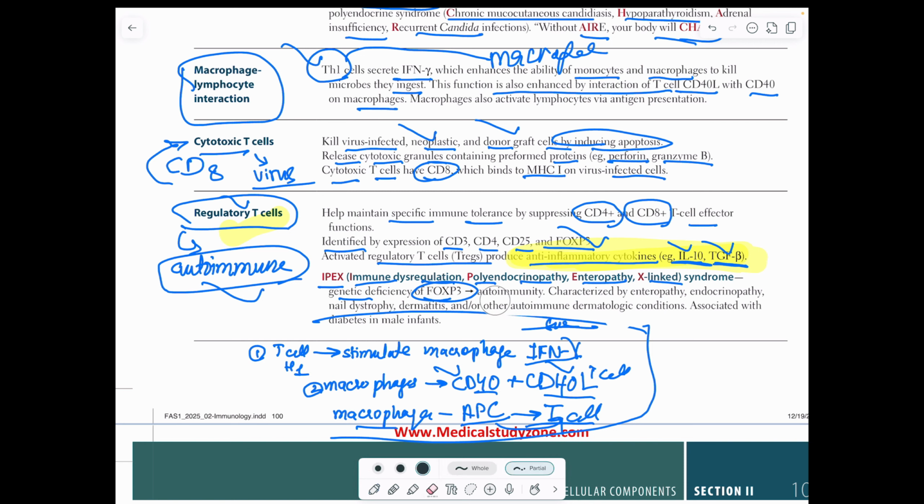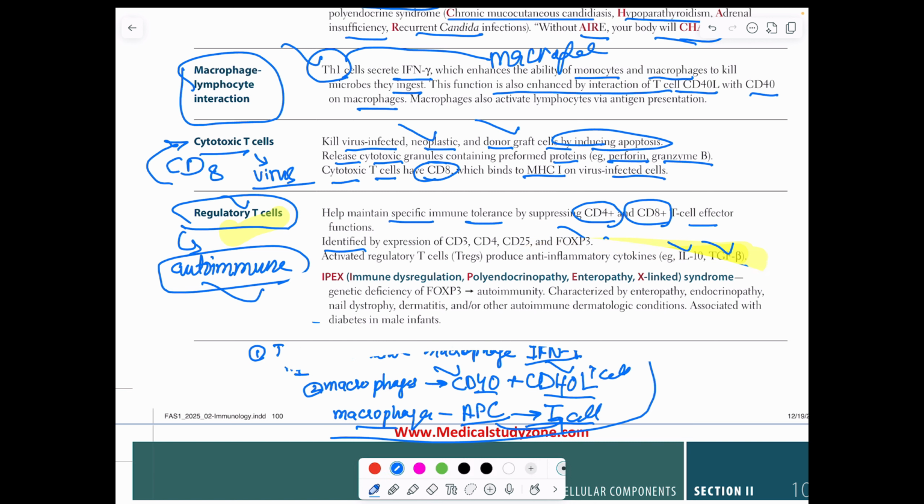The chance of autoimmune reaction will be increased, a high risk of autoimmunity. So they will be characterized by enteropathy, endocrinopathy, nail dystrophy, dermatitis and other autoimmune dermatological conditions, and this is associated with diabetes in male infants.